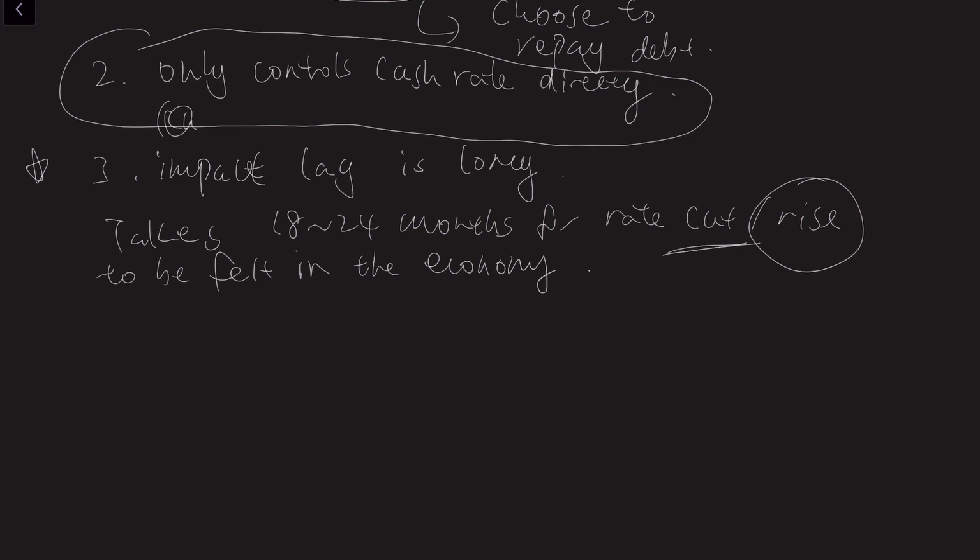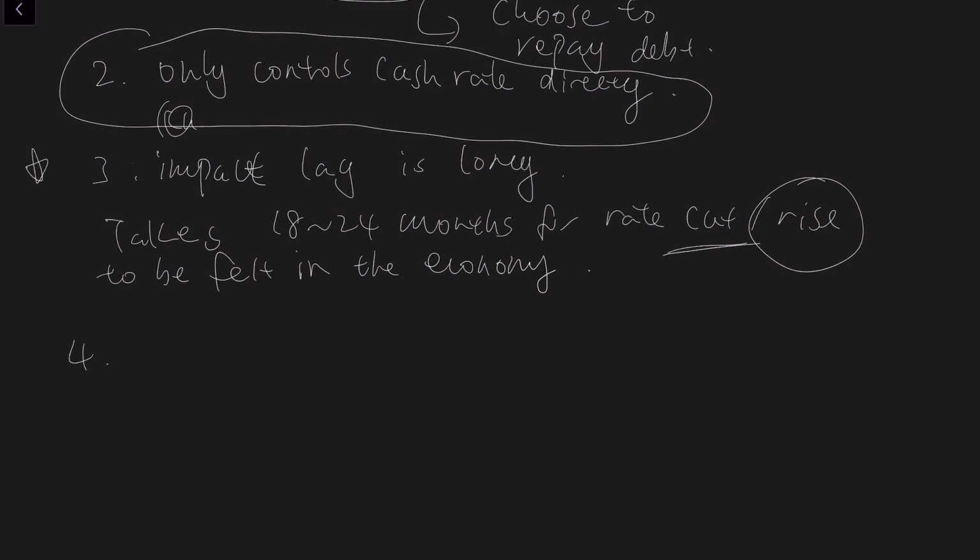So you immediately get less money to spend. So it is powerful in slowing down the economy, but it is not powerful to speed up the economy because people can have a choice of what they do with this extra amount of money. They may not choose to spend, they may choose to save the money. And in this case, monetary policy becomes very ineffective.